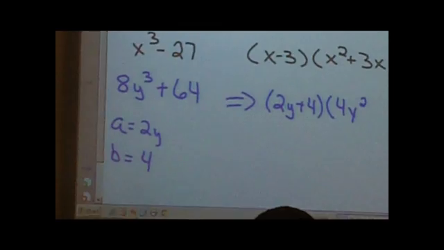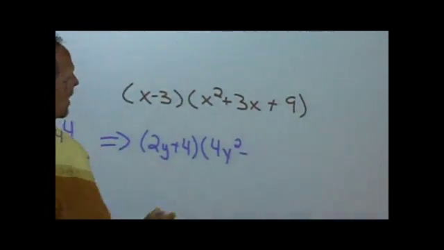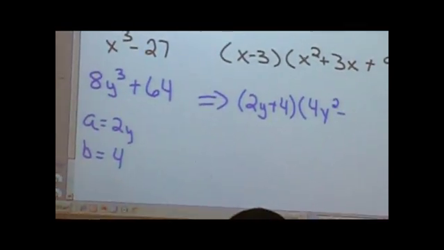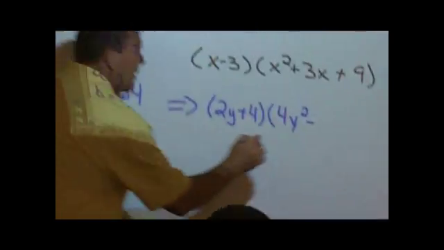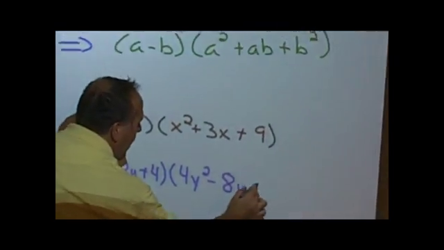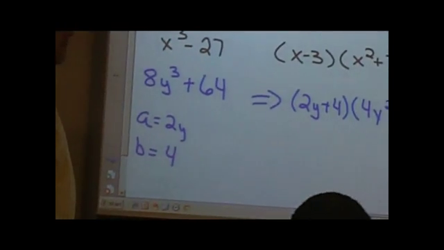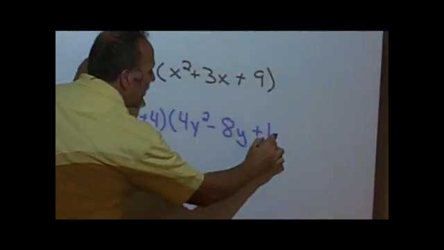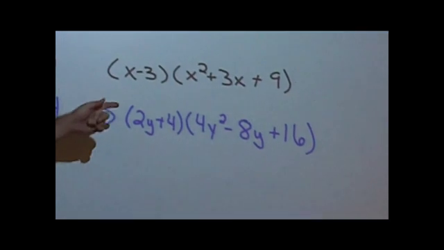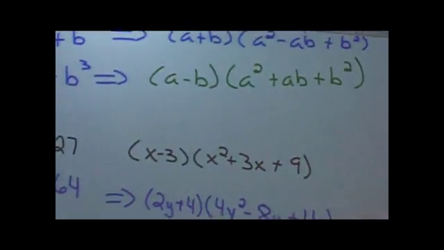Minus a times b, which is going to be 8y, plus 4 squared is 16, and you're done. That will never be broken down. You're good to go filling stuff in.